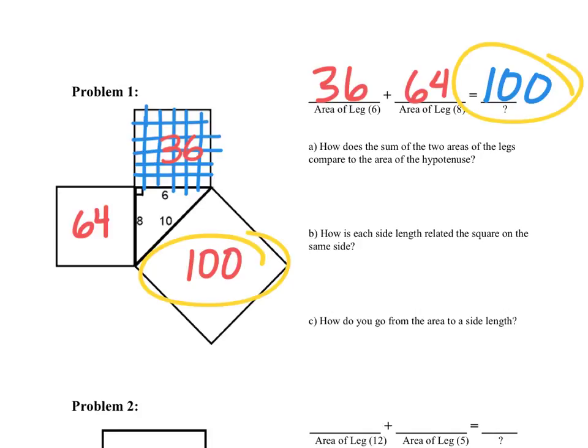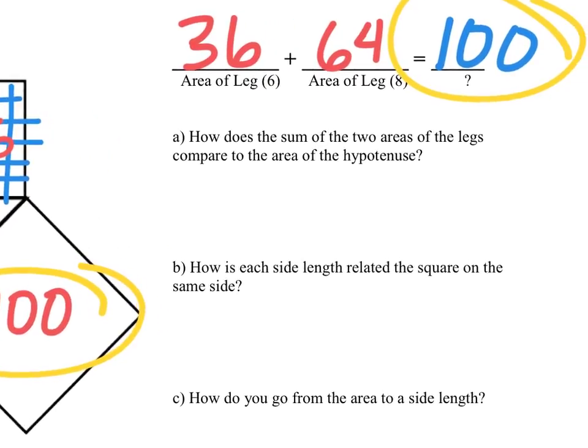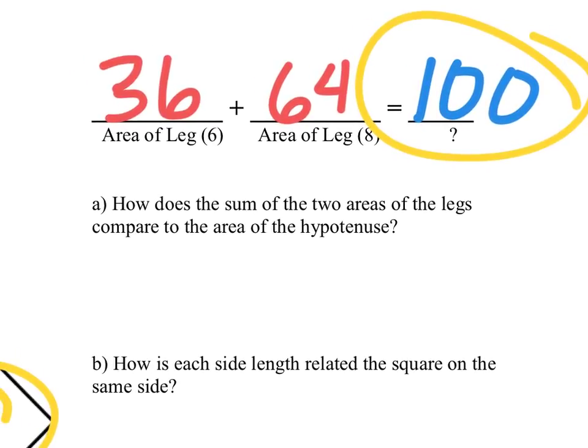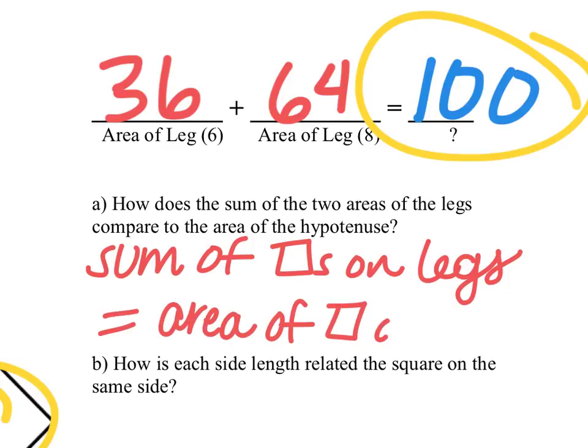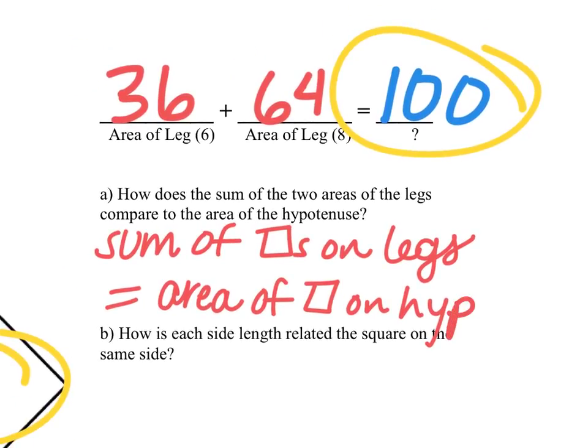It's not a coincidence. So again, I'm going to say it a little bit different this time. I'll say the sum of squares on the legs is equal to the area of the square on the hypotenuse. I'm using a little bit more technical language because eventually that's what I expect you to get to.